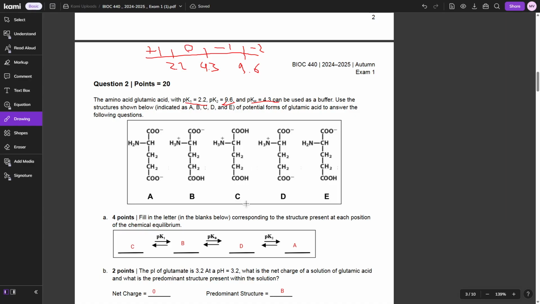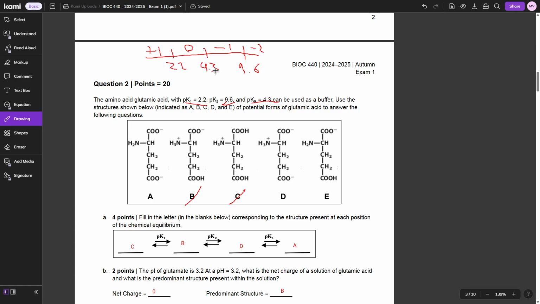Which one of these has a 0 charge? We've already used C, so it can't be C. The only one here that has a charge of 0 is B. It's not that all the atoms are neutral, it's just that the addition of the charges adds up to be 0. So this plus and this minus cancel out. Therefore it's 0, so it has to be B in this second option here. So you can eliminate that.